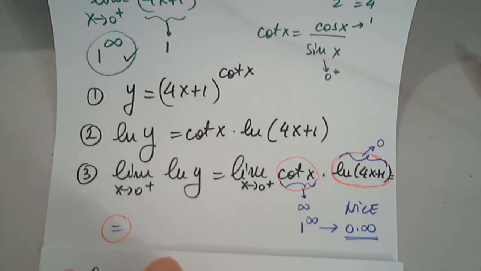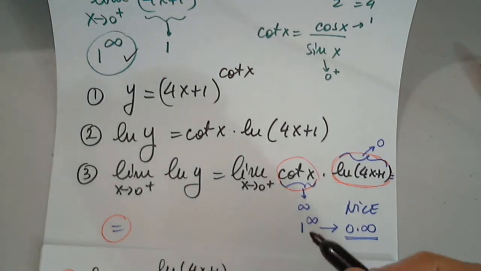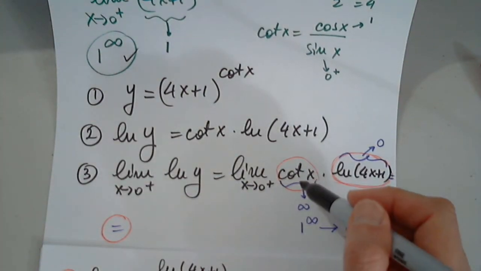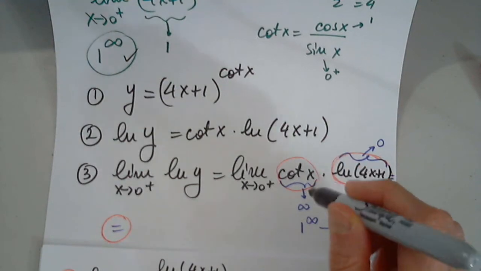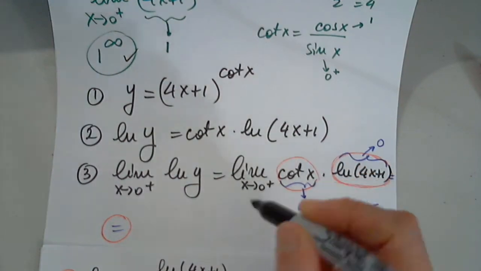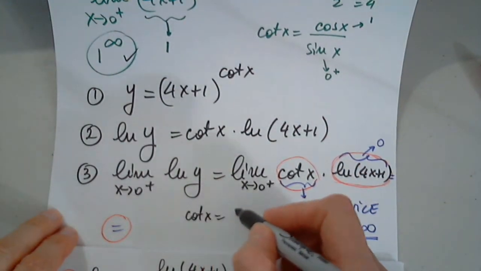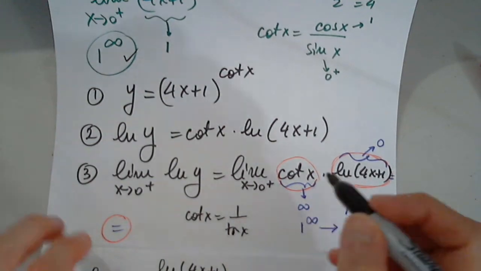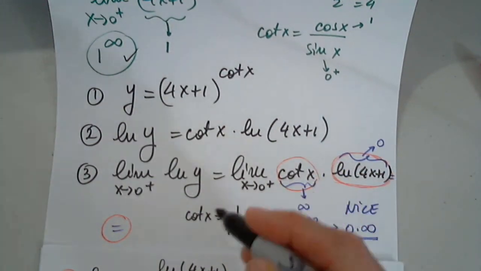Okay, so then I have the limit as x approaches 0 from the right. I will keep natural log at the top. And I like to flip cotangent, but I know cotangent is 1 over tangent, right? So I know that cotangent x equals 1 over tangent x. So I will replace this by 1 over tangent.